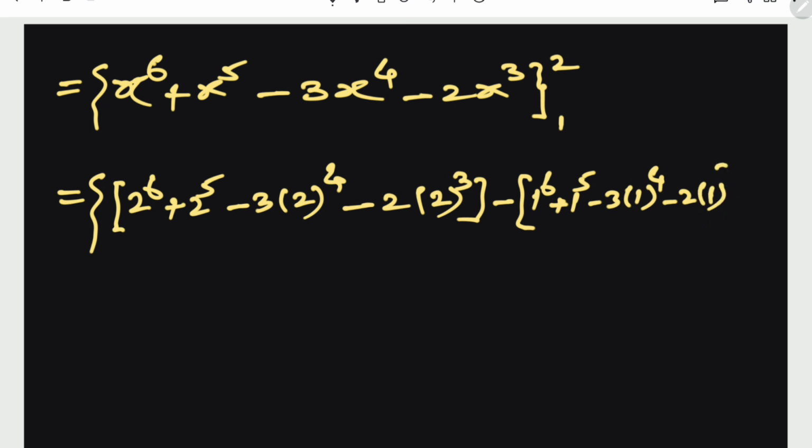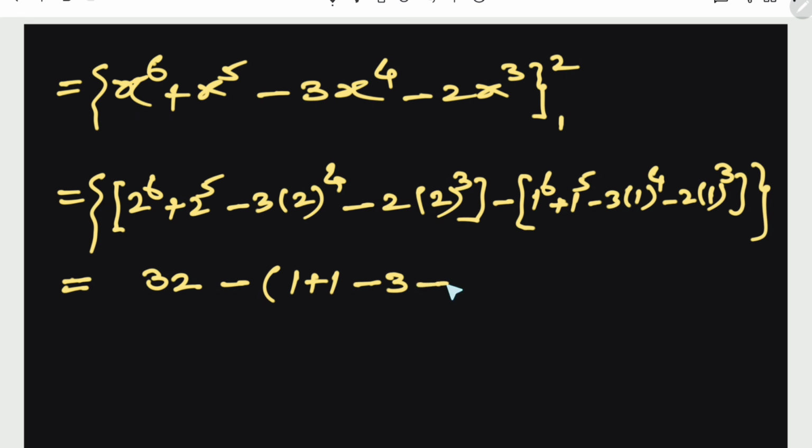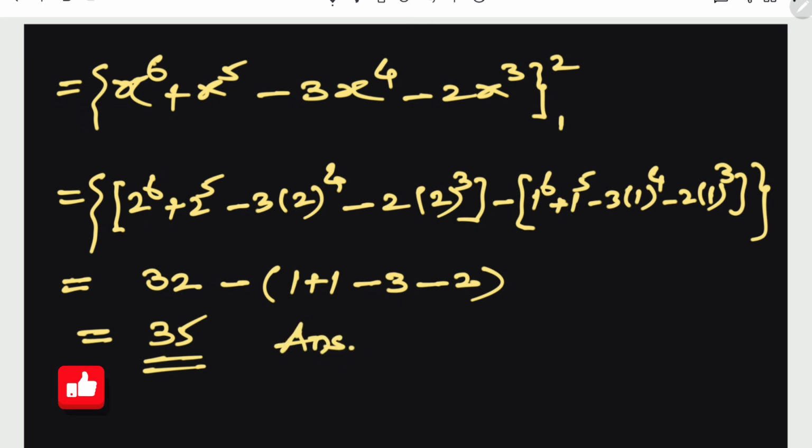Minus, in brackets for the lower limit, 1 raised to 6 plus 1 raised to 5 minus 3 into 1 raised to 4 and minus 2 into 1 raised to 3, which is 1 plus 1 minus 3 minus 2. The 2 and minus 2 get cancelled, and minus 3 with the minus in front becomes plus 3. Therefore, 32 plus 3, we get the value as 35.